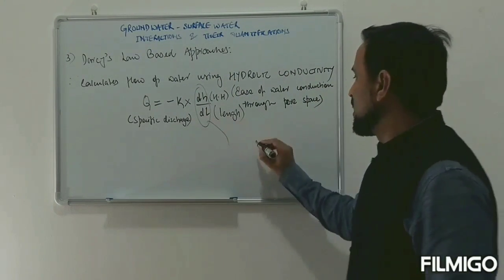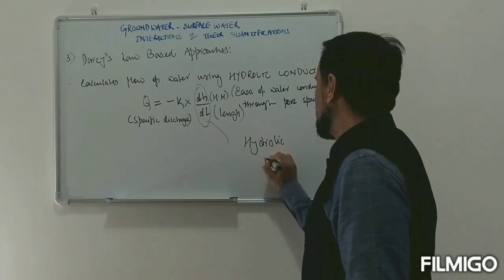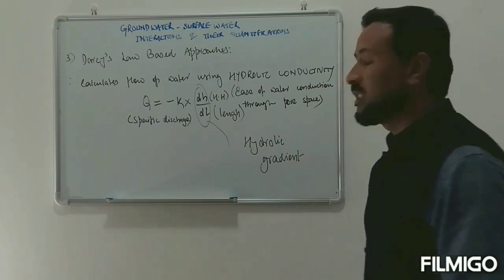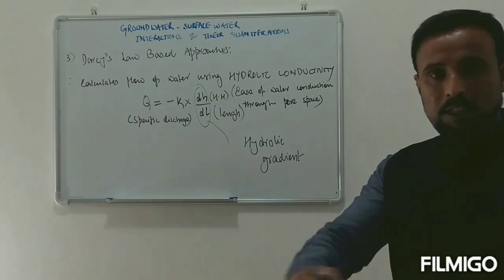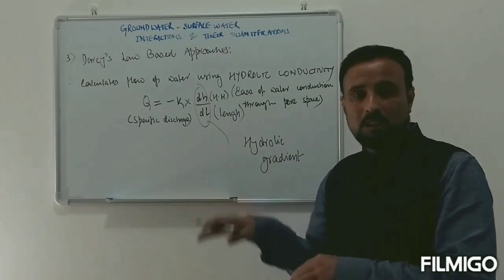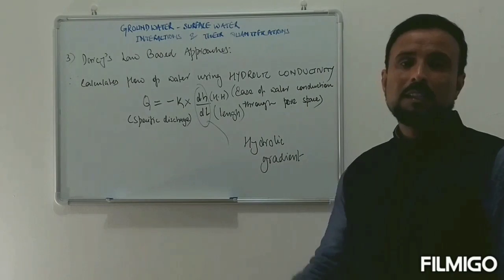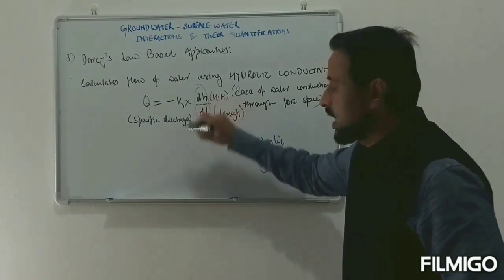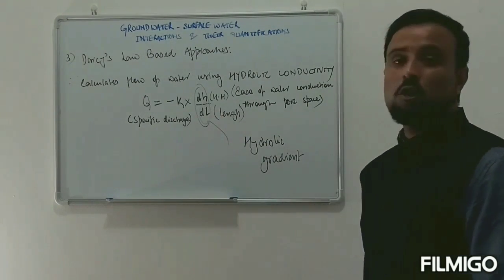That is called the hydraulic gradient. The hydraulic gradient is the difference between two hydraulic heads over a particular length. If there are two hydraulic heads, one in groundwater and one in surface water, they are at different positions, right? At how much distance they are available can be calculated, and that will be called the hydraulic gradient.